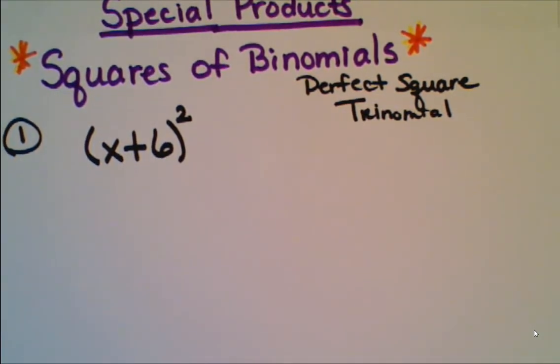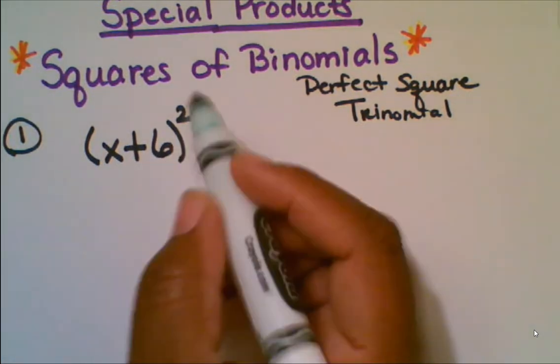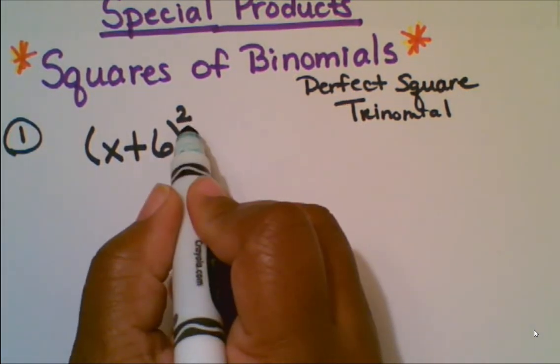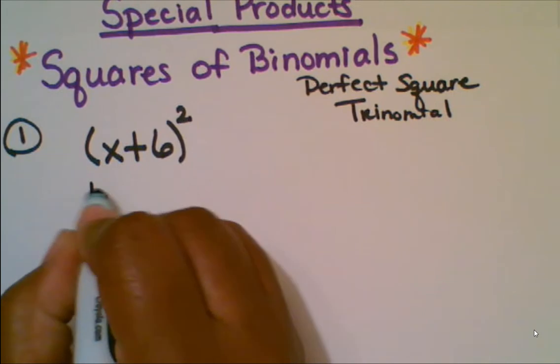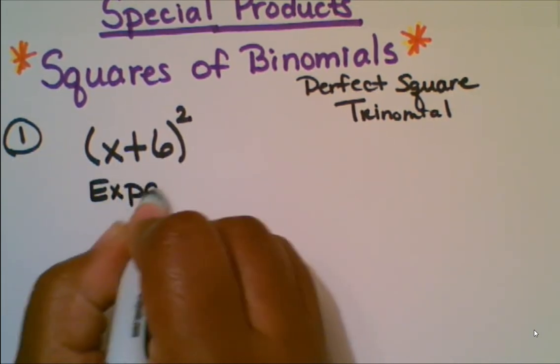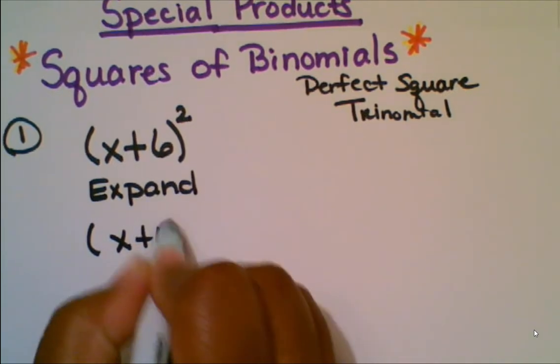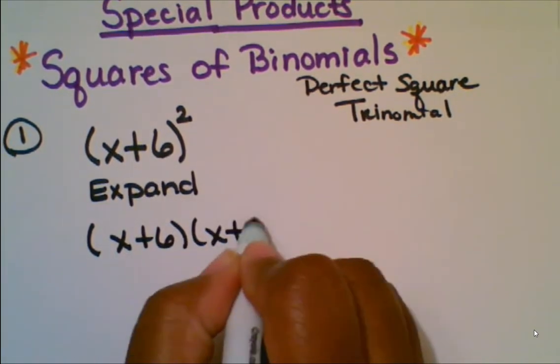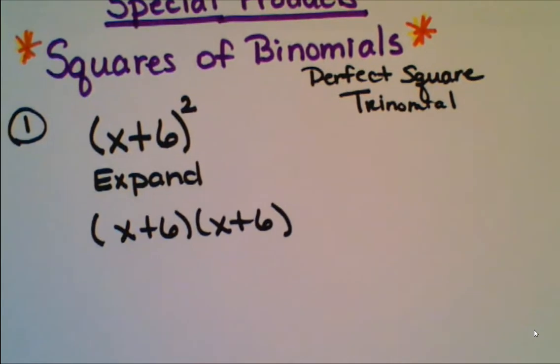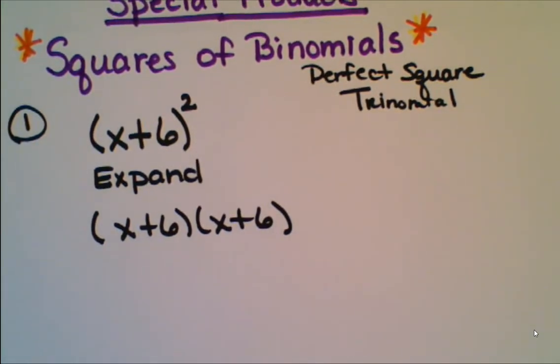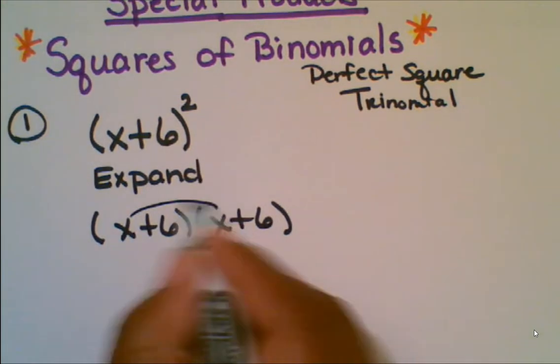What we're going to do is take the x plus 6, of course it says squared, we're going to expand, meaning we're going to write x plus 6 twice. And then you notice we have two binomials. We're going to FOIL. Take the x and distribute twice.